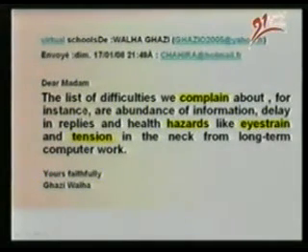He said, for instance, which means he's going to give some examples, abundance of information. The second one is delay in replies and health hazards. And he gave some examples of hazards, relying on another word, like eye strain and tension.